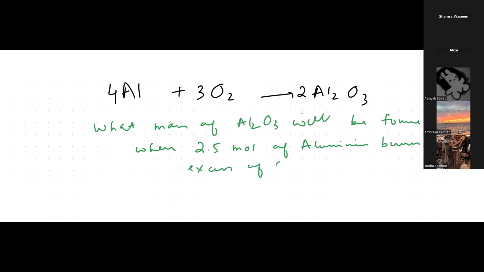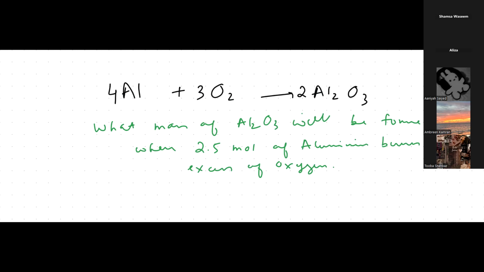I will let you know what is meant by excess and limiting reagent, that will come in this as well. But let's understand the simple questions first. You have to find the mass of aluminium oxide. There is going to be a direct method as well, I'll let you know that too. But by using the molar bridge, how are you going to find the mass of aluminium oxide?